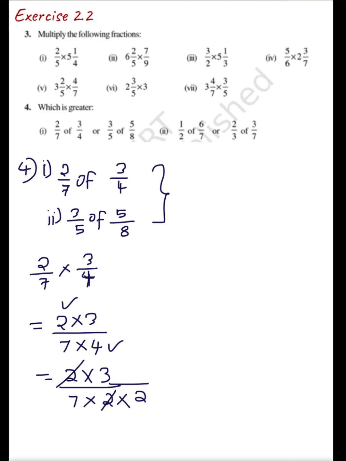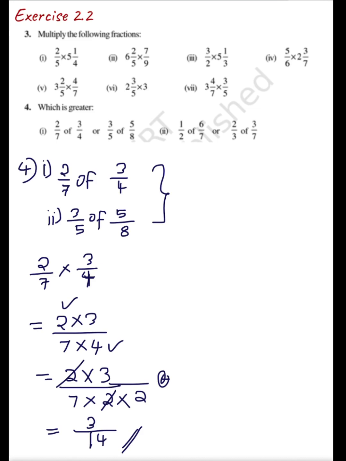These two will get cancelled, and you will get the answer as 3 by 7 into 2. 7 into 2 is 14. So you will get the first one as 3 by 14.